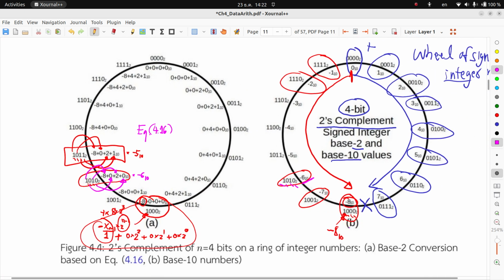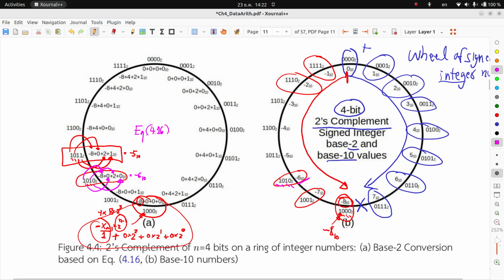Okay. So what if I increase the number of bits to 5 bits, 6 bits, 8 bits, 32 bits?